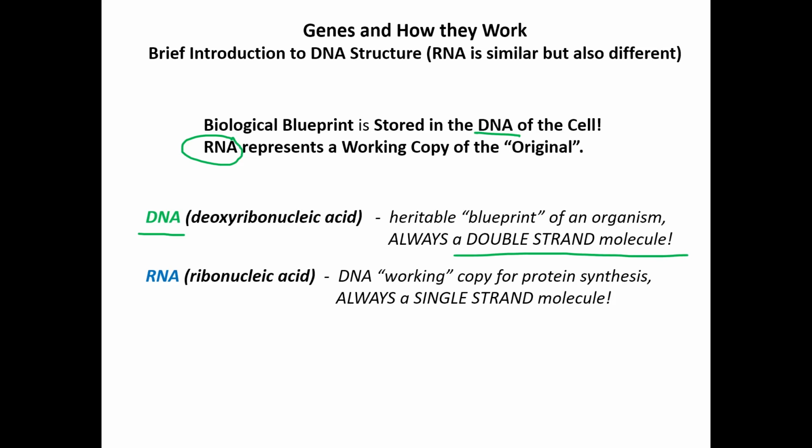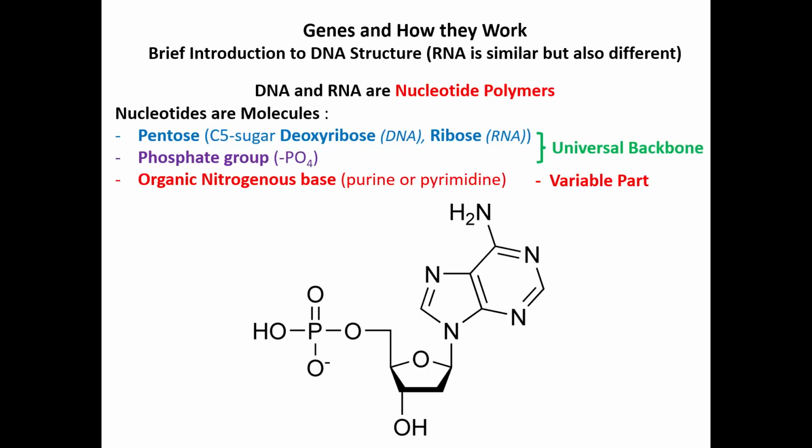The RNA, abbreviation for ribonucleic acid, is on the other hand not only our working copy of the DNA that we want to put to work, it's also, contrary to the DNA, always and only present in cells as a single-strand molecule. What they both have in common is that both DNA and RNA are polymers formed by nucleotides.